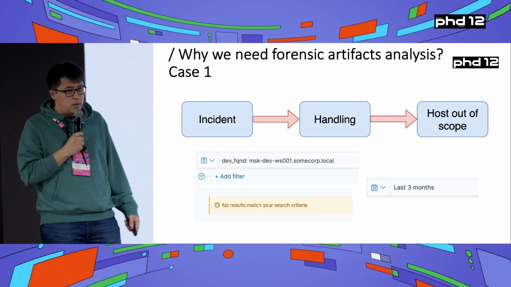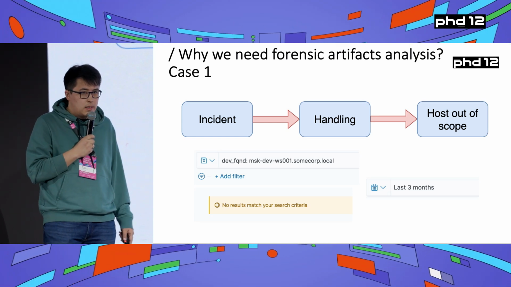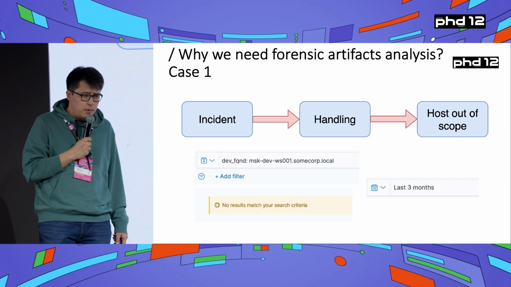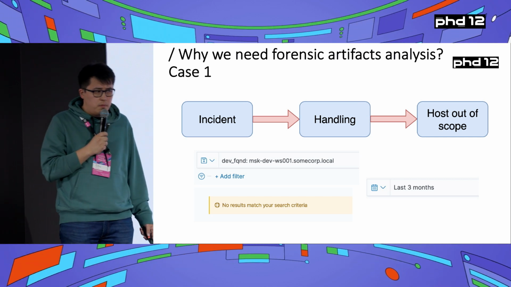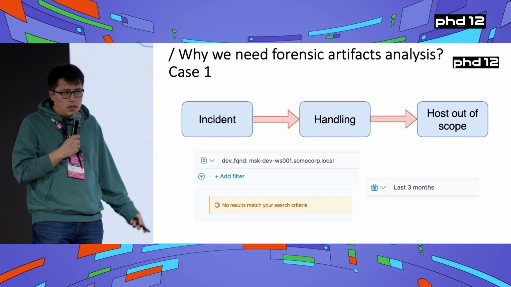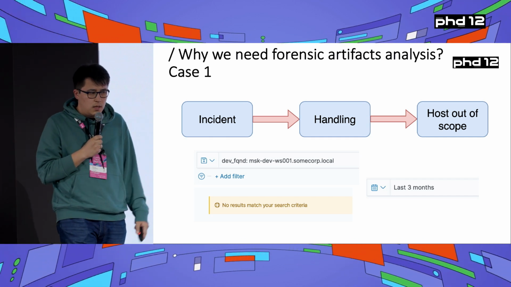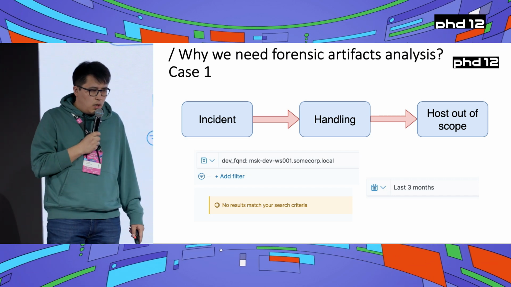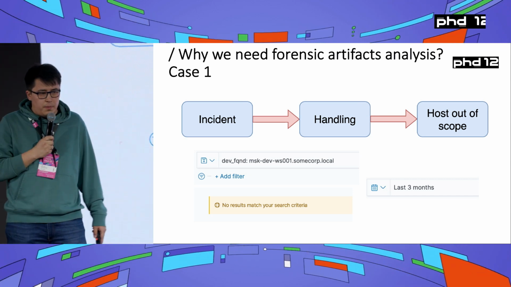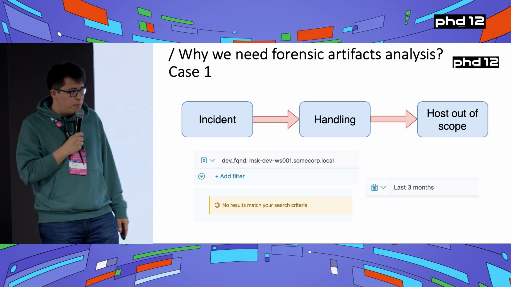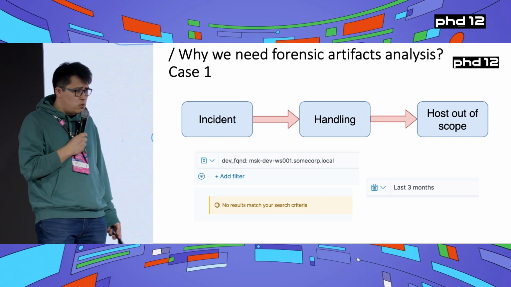An example of a case like that can be a Mimikatz detect in a host, and we try to understand what it is, and we have no data. It means that we need to find more data from the host and ask for it. Another example can be like that.